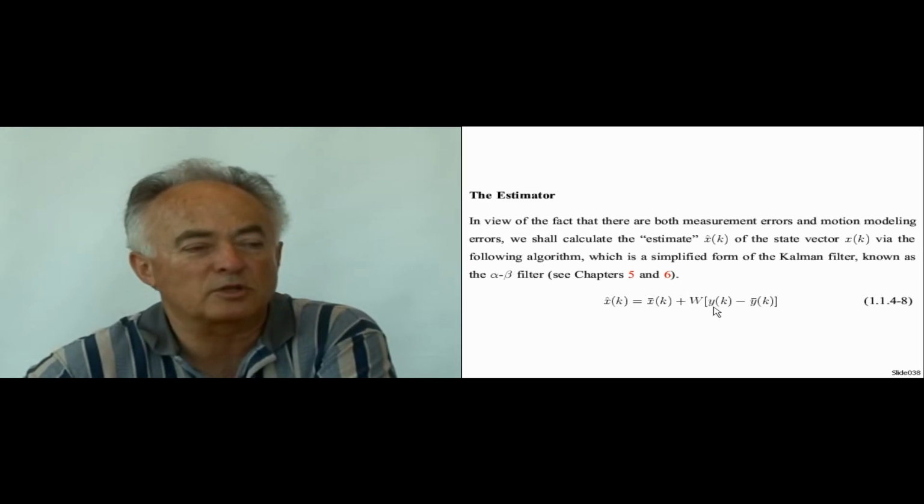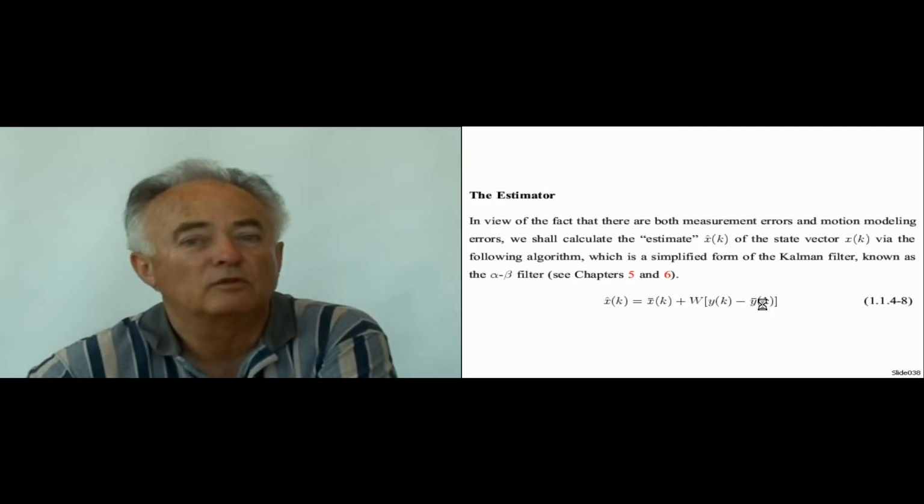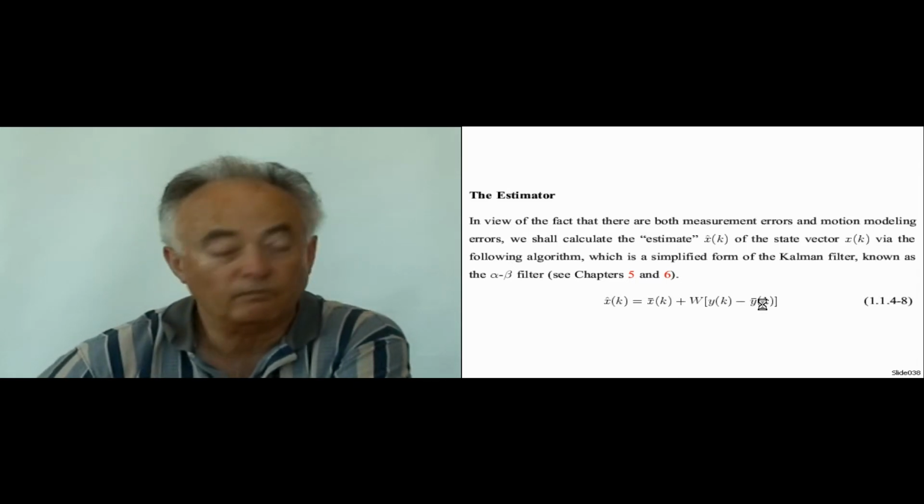This is the actual observation y at time k, minus y bar at k, the predicted value of that observation before we get it, which means using the information from the previous time.